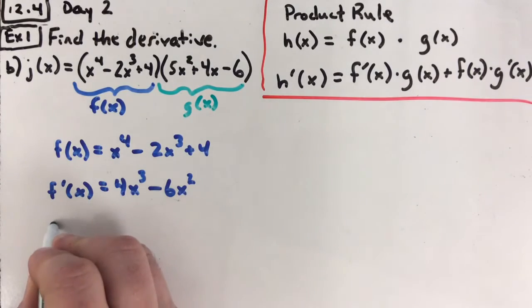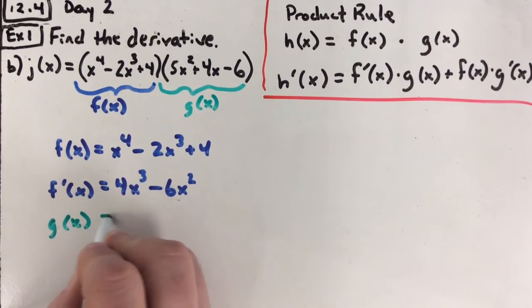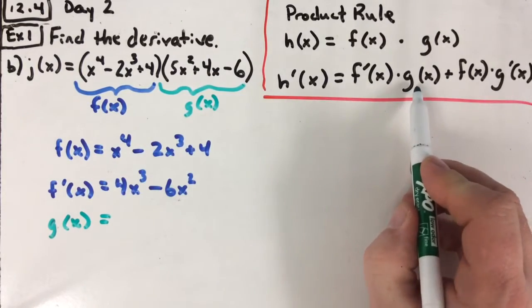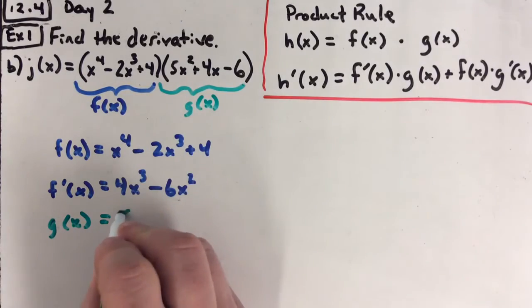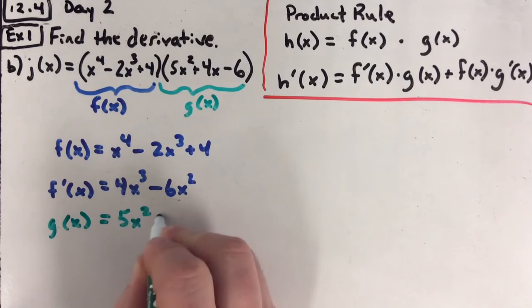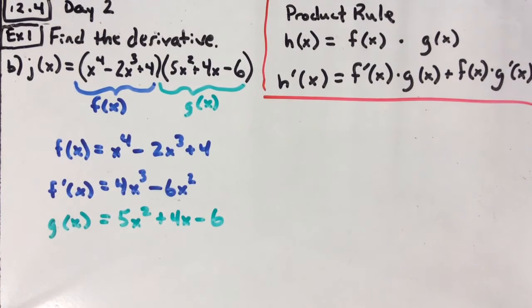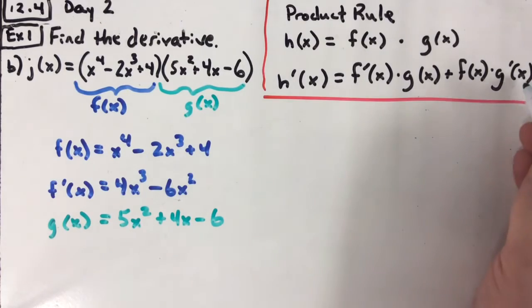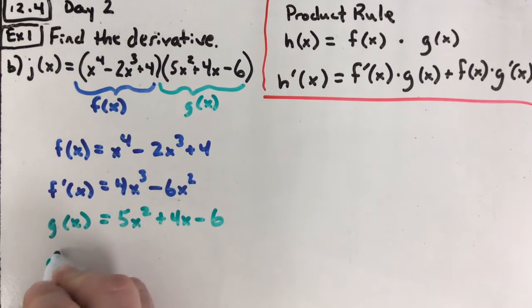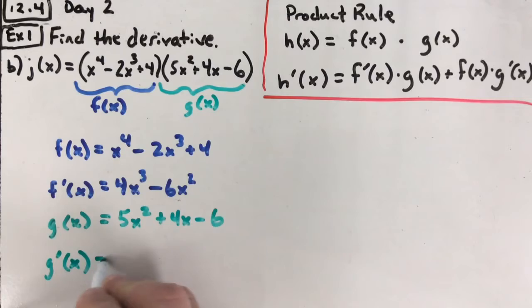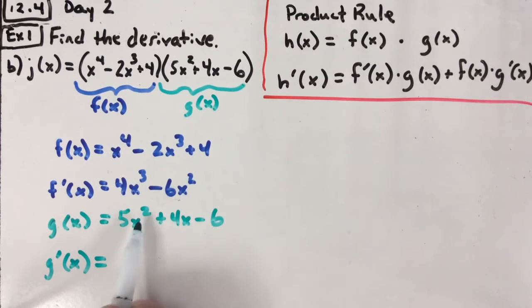We're also going to need g of x to use the formula. G of x is here, and that's the original second set of parentheses. So 5x squared plus 4x minus 6. And then we're also going to need the derivative. So using our power rule shortcut from day 1, 2 times 5 is 10, so this will be a 10x to the first.